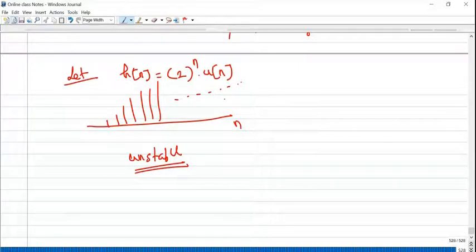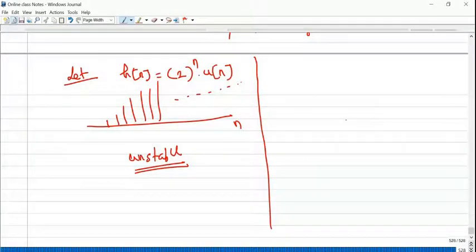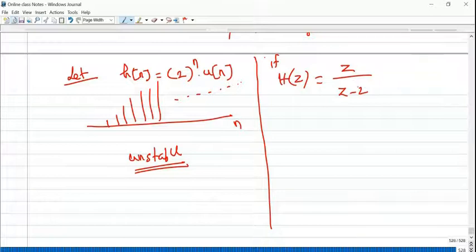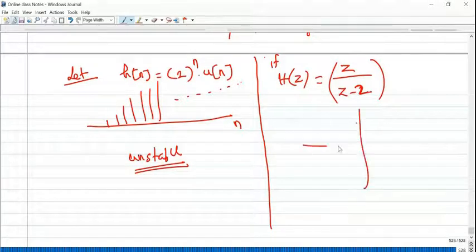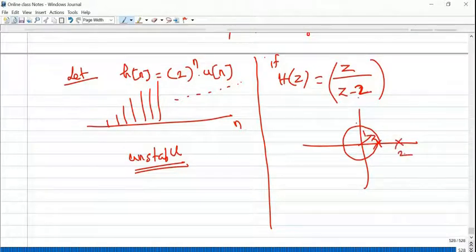From h of n we can directly comment, but from the Z transform how to check? Assume H of z equal to Z divided by Z minus 2. First draw the unity circle with radius 1. The pole is at 2, which is outside the unity circle. Therefore, unstable.